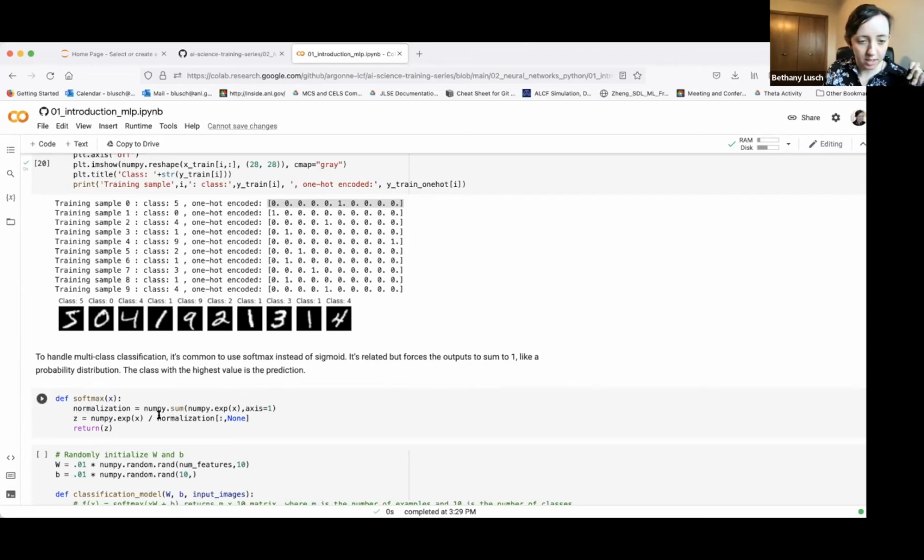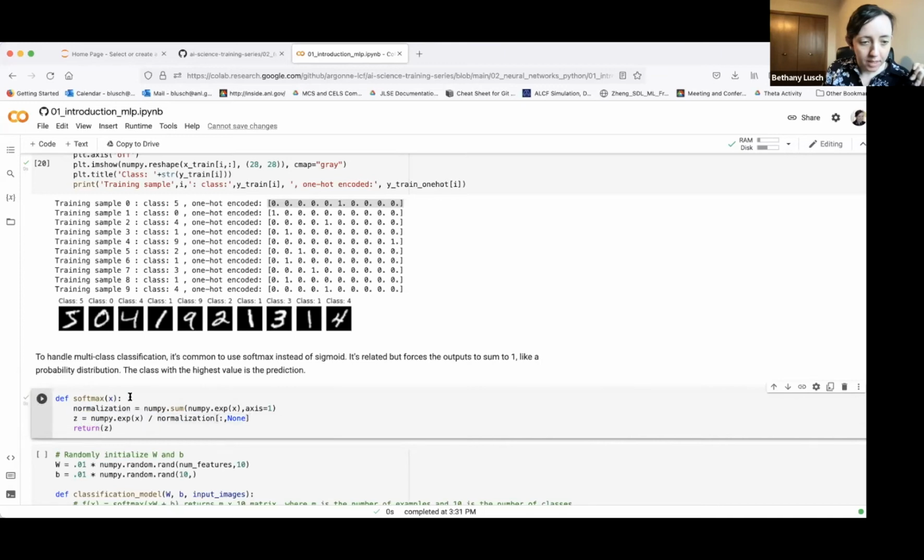So it's got this normalization here. And so now we're outputting for each image a vector of length 10, where each entry is between 0 and 1, and the entries add up to 1. So you've got something like a probability distribution for each class, and the entry with the highest value is the class that you're predicting.